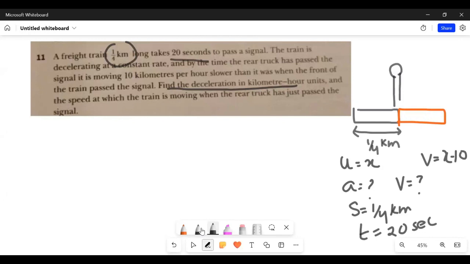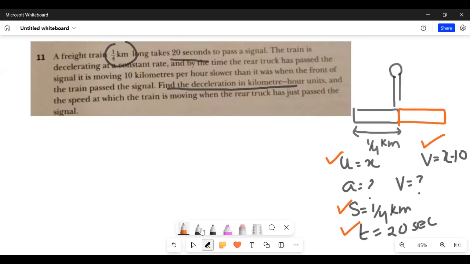U is x, v is x minus 10, and we need to find the value of a and then the value of x. So how do we find a from this information? We know u, we know v, we know s, and we know t. And u and v are in terms of x, by the way. Any equation that uses these 4 parameters?